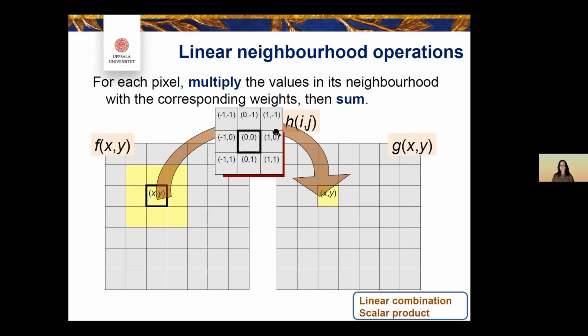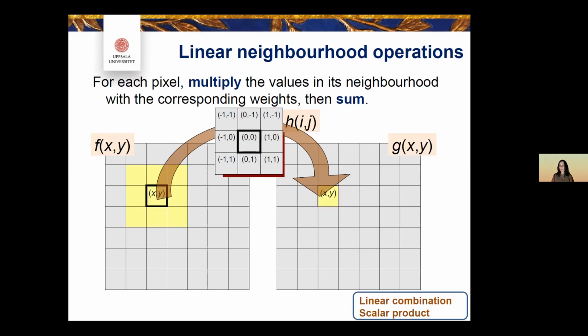Once we know these weights, then we can say that we are talking about a linear combination of the values in the neighborhood of a central pixel that we are looking at, since linear combination would be this multiplication by a scalar and subsequent summation, and the scalars are defined for each position within the filter mask.